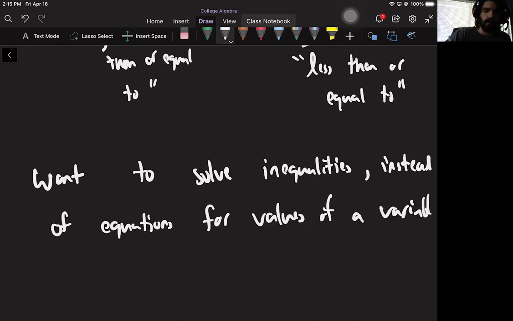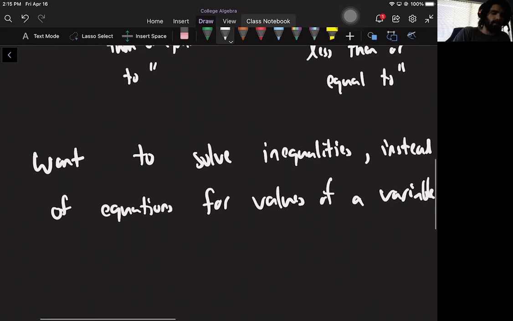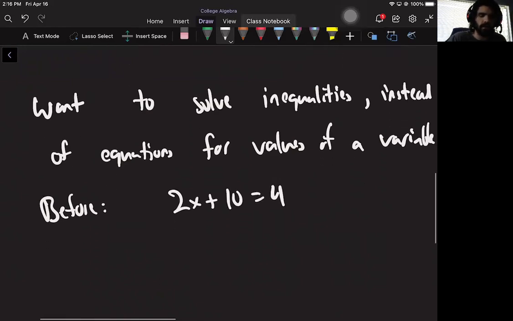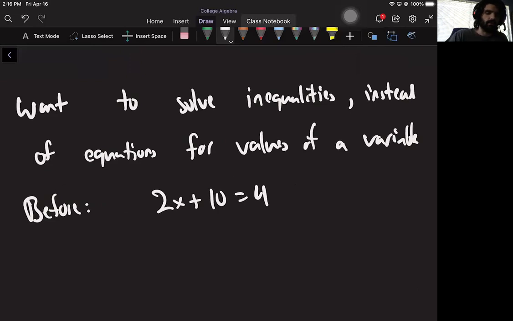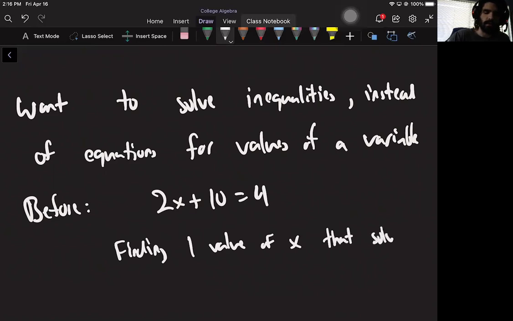That's the idea. So previously, you might solve something like 2x plus 10 equals 4 using algebra. You might solve something like this, and so what you're doing is finding the one value of x that works, that solves the equation.